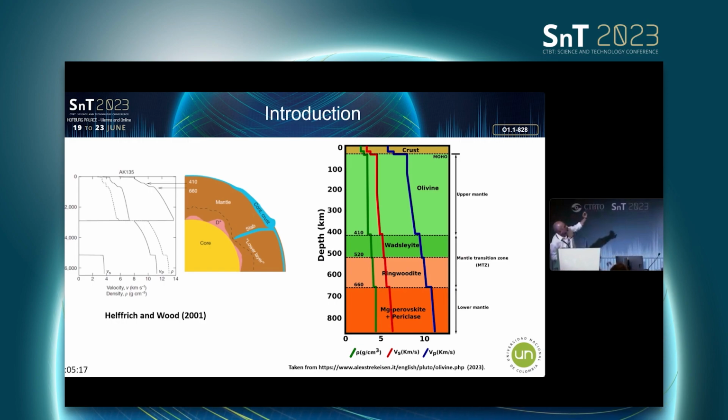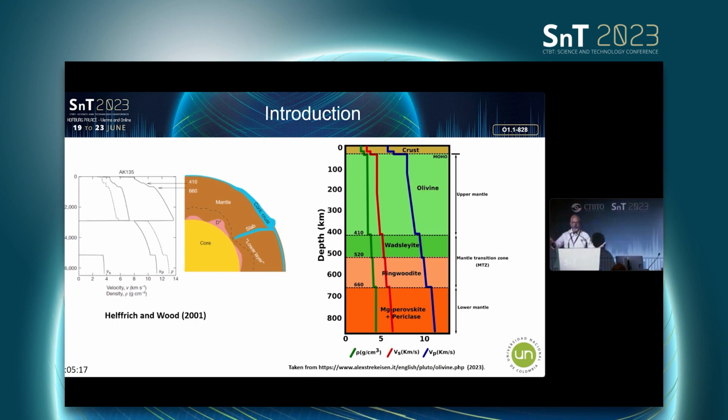In this case, on the left side, you can see a couple of changes in velocity that are more or less related to these discontinuities, 410 and 660 kilometers depth. On the right side, you see the equivalent.